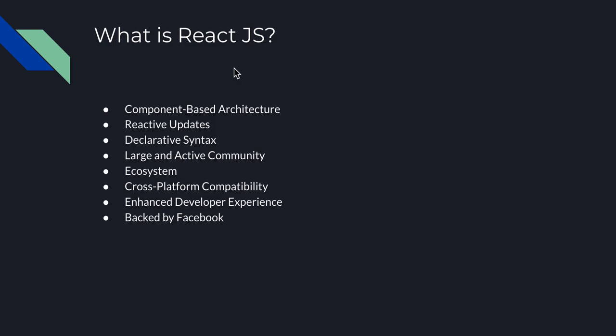Also, most of the companies prefer React.js as a front-end framework. That's the main reason. It also has a component-based architecture. For a large-scale application, we will have a large code base, and breaking that code down is a big challenge.